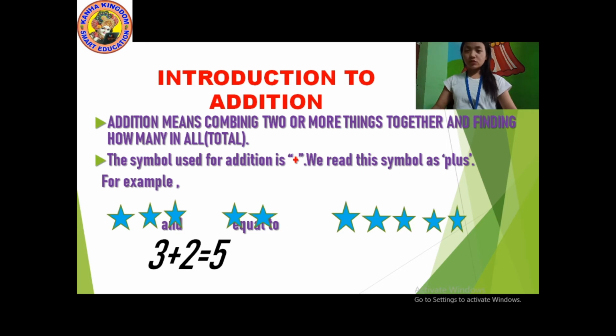We read this symbol as plus. If you have to add 2 with 2, you can say 2 plus 2 equals 4. In the same way, I combine 3 stars with 2 stars, so altogether there are 5 stars. Okay student, this is the process of addition.